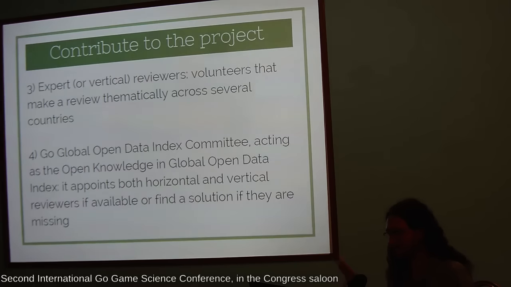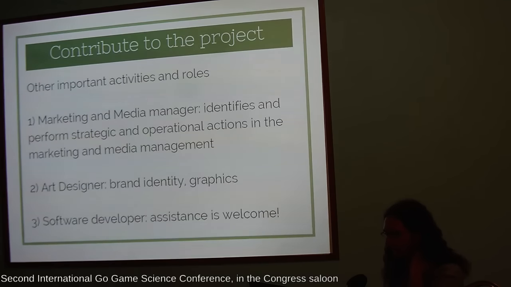So these people, this reviewer, try to find a common strategy to evaluate this point. And then there should be a kind of committee that appoints the reviewers and, of course, deals with the situation to fix problems.